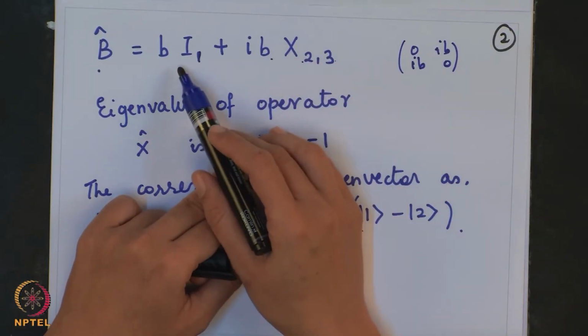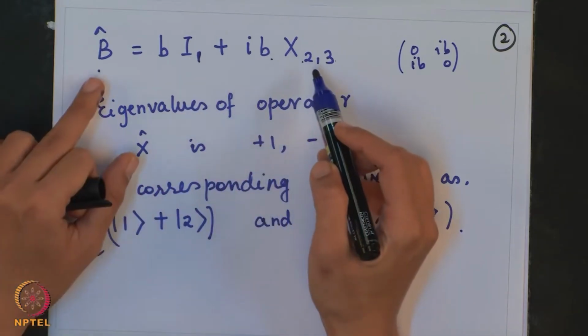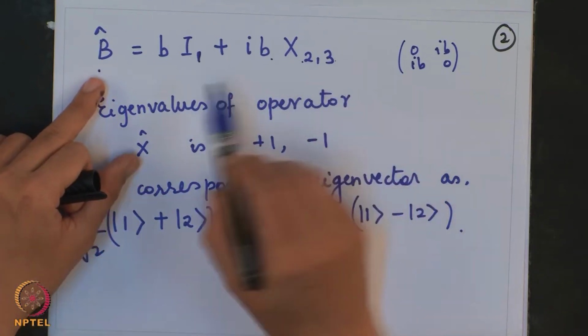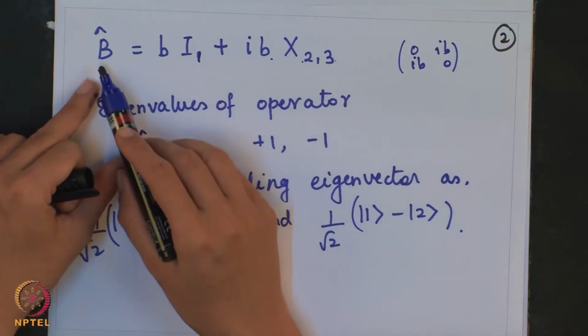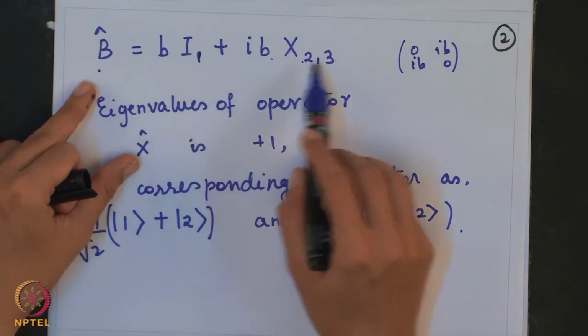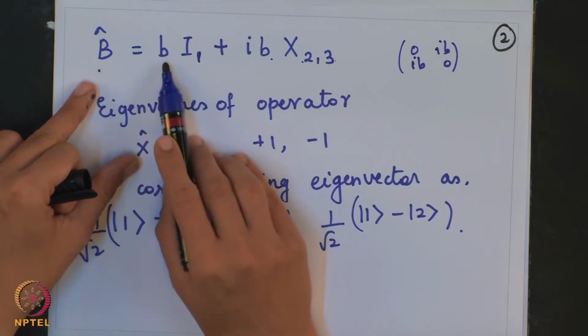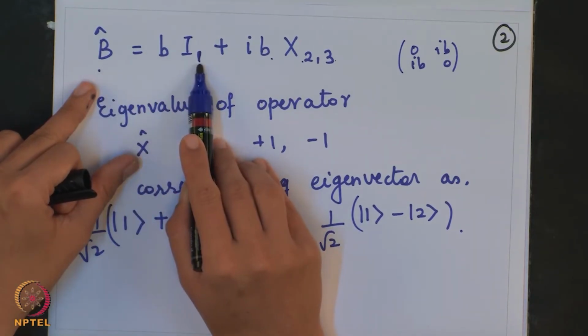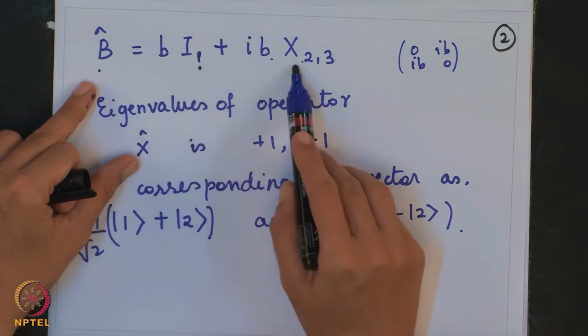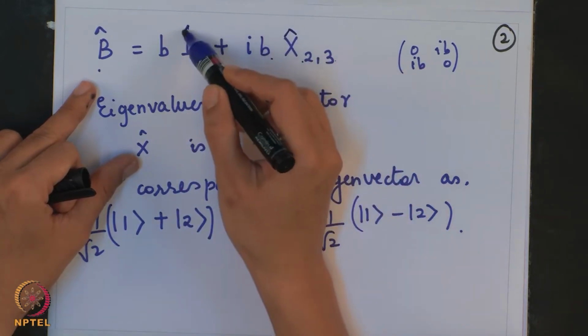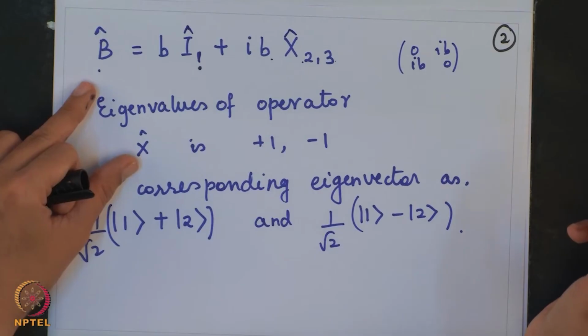So, I can write the operator in this representation, operator B in terms of the identity operator and the Pauli matrix.